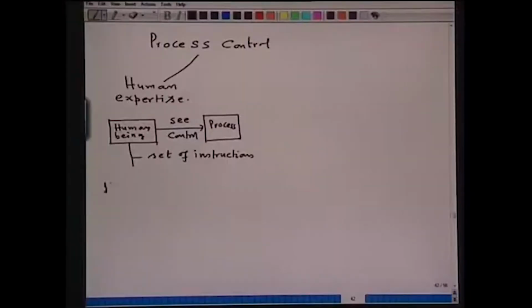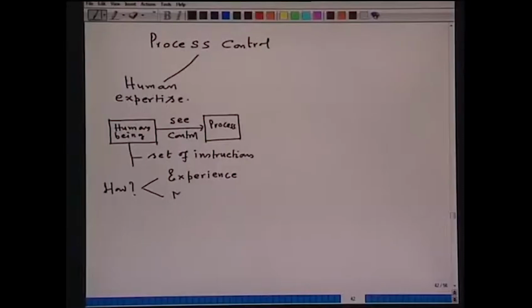That all has to be set in advance, so that he can act during the process. Now, how can he do that? Either he uses his experience, and says that I have a long experience, I know what is happening at what time, I can exercise my experience and exercise the control accordingly.